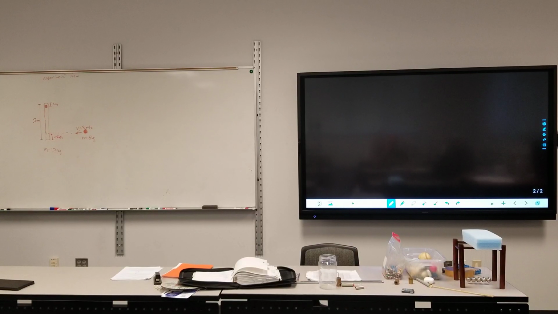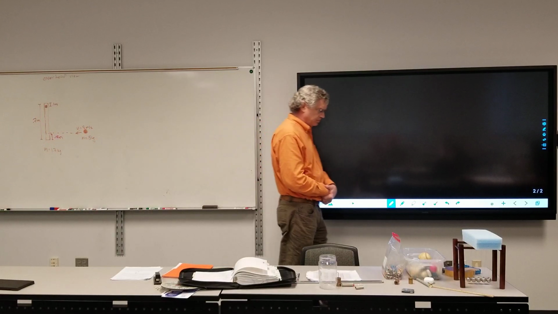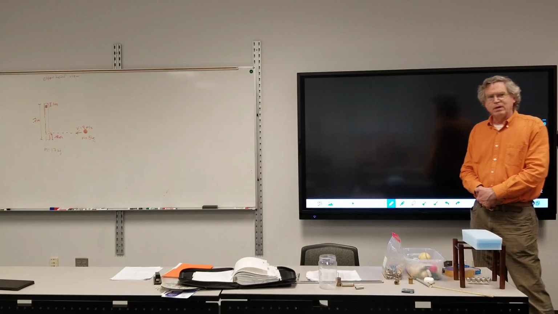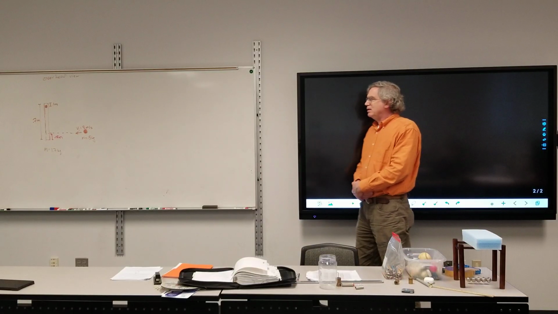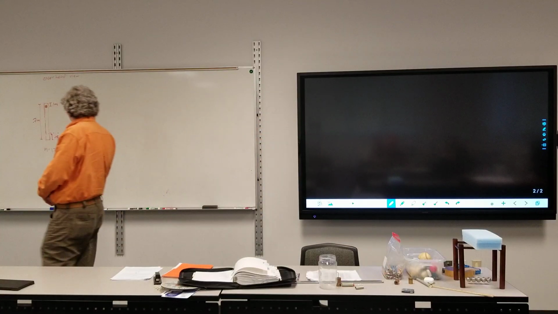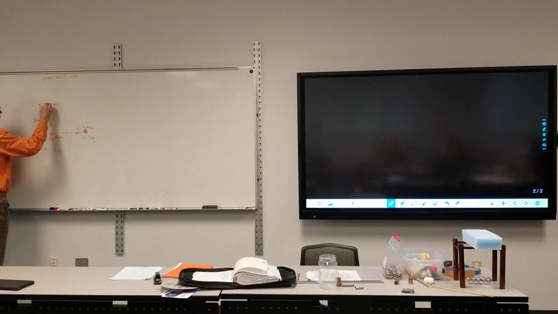I'll ask that again. I think people have caught up writing stuff down. So what is the diagram of? What's the 0.7 meters? That's the length of this bar. I have a thin bar or rod sitting on a frictionless table.